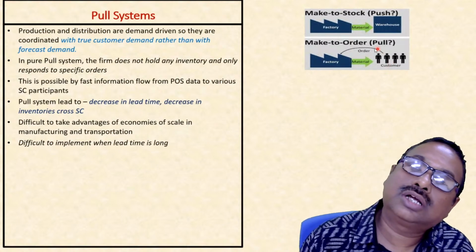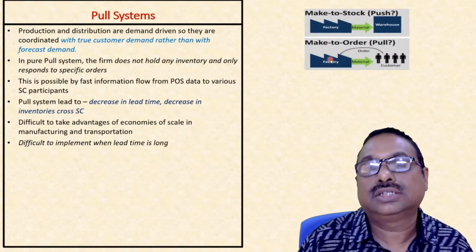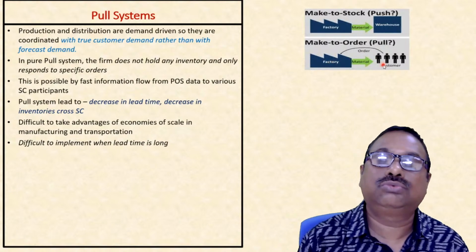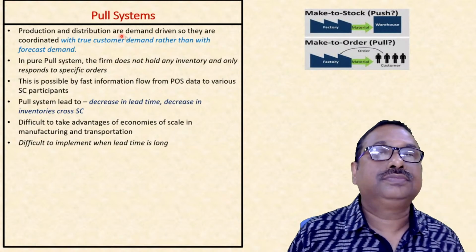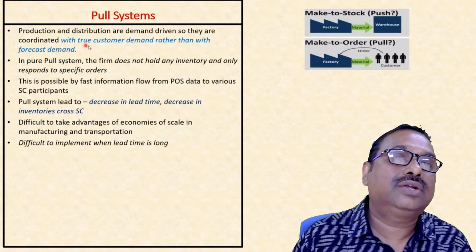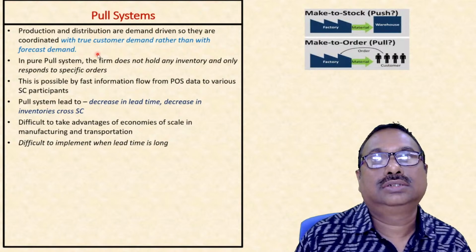So the customer order comes to the factory, then only they will start manufacturing. They manufacture the product, they sell it to the customer via media. So production and distribution are demand driven.